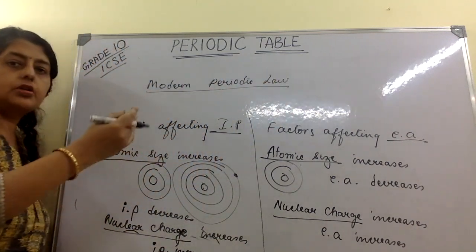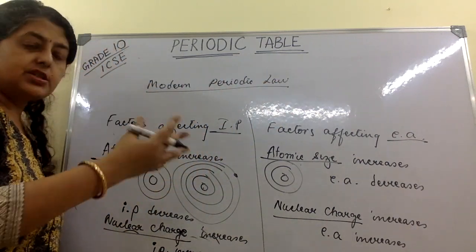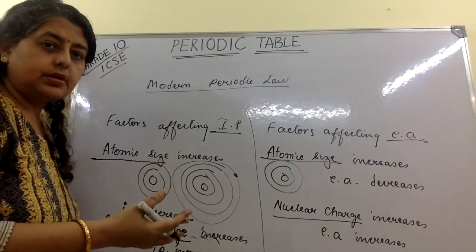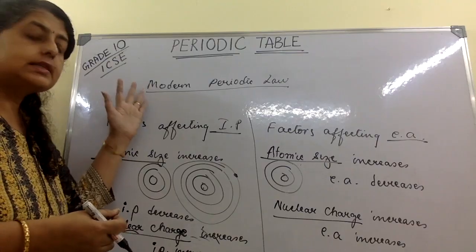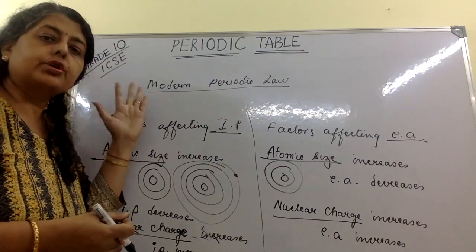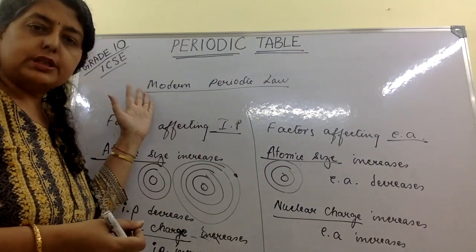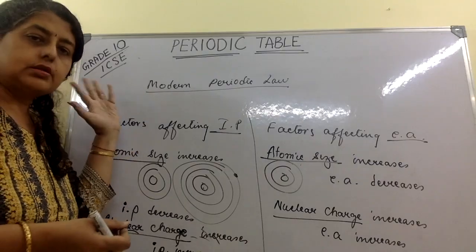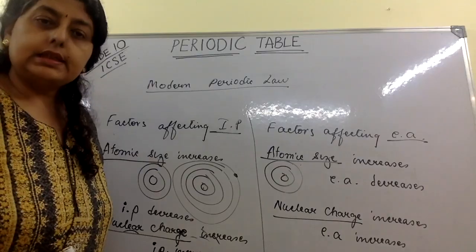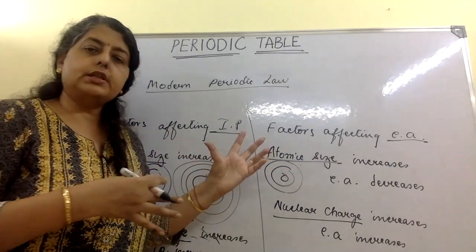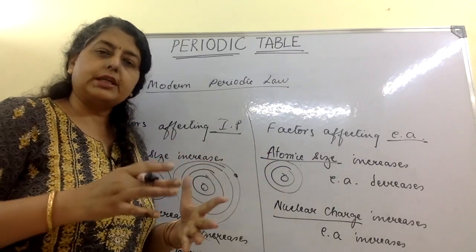The modern periodic law will tell you that arrangement depends on atomic number and not on atomic weight. Please learn up who gave it: Moseley gave the modern periodic law. With that we have done everything required in this chapter.